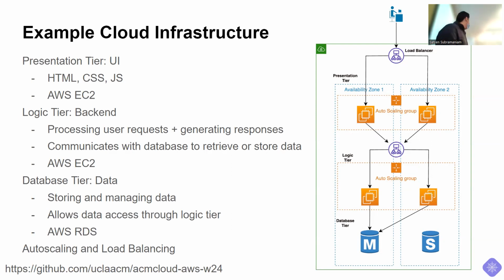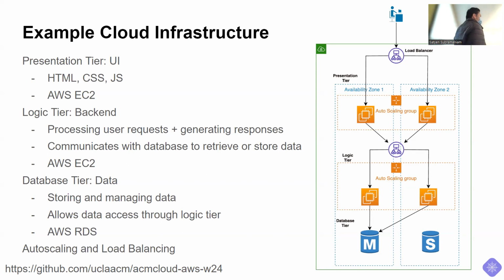And then finally, we have the database tier on the bottom, which handles storing and managing all the data, and it allows the logic tier to access the data in the first place. One other important thing to mention is that the presentation tier and the logic tier both come with auto scaling and load balancing that we probably mentioned before.